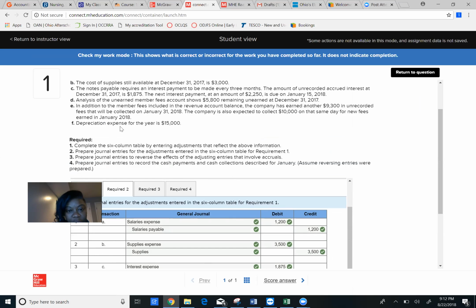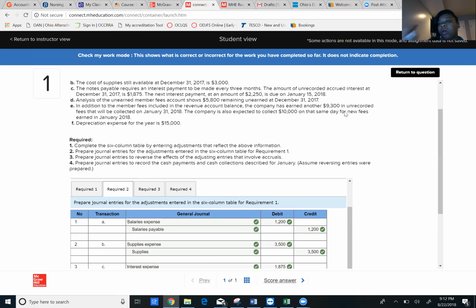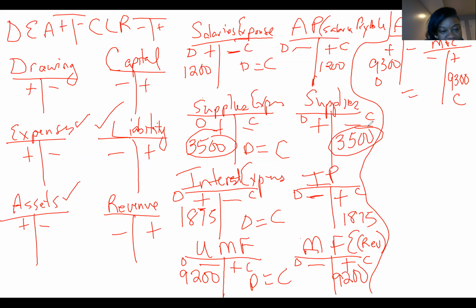Depreciation expense for the year is $15,000. So for that one, it's always going to be the same 2 accounts. One is going to be depreciation. The other one is going to be accumulated depreciation. Okay. Depreciation is an expense account, so it's a plus minus.